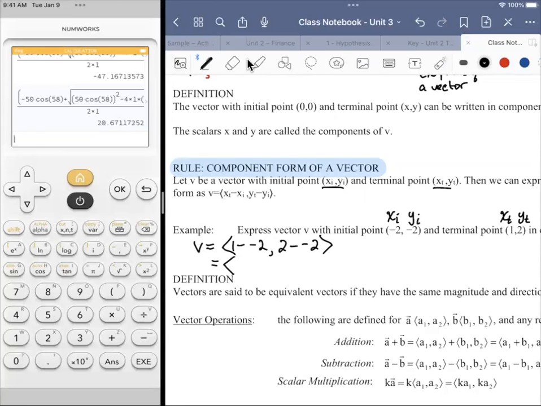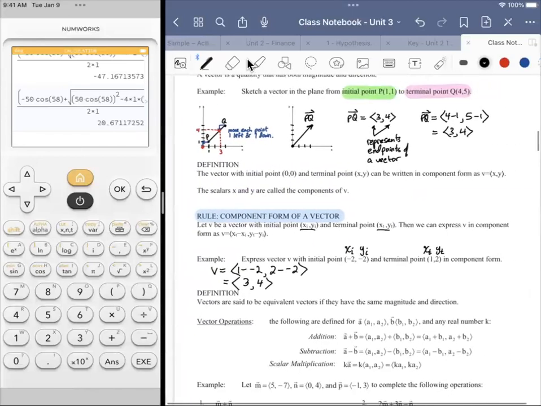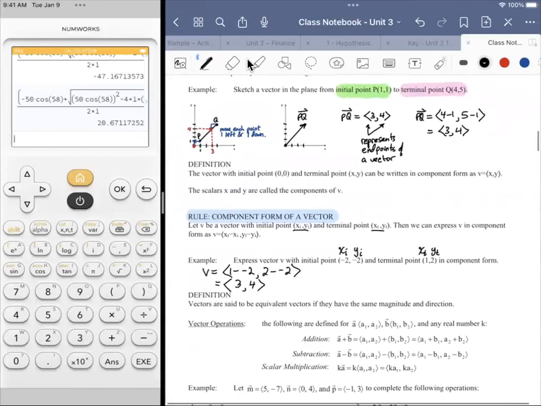So 1 minus -2, 1 plus 2 is 3. 2 minus -2, 2 plus 2 is equal to 4. So you can see here that you have two completely different sets of coordinates, and yet they still give the same vector in component form.